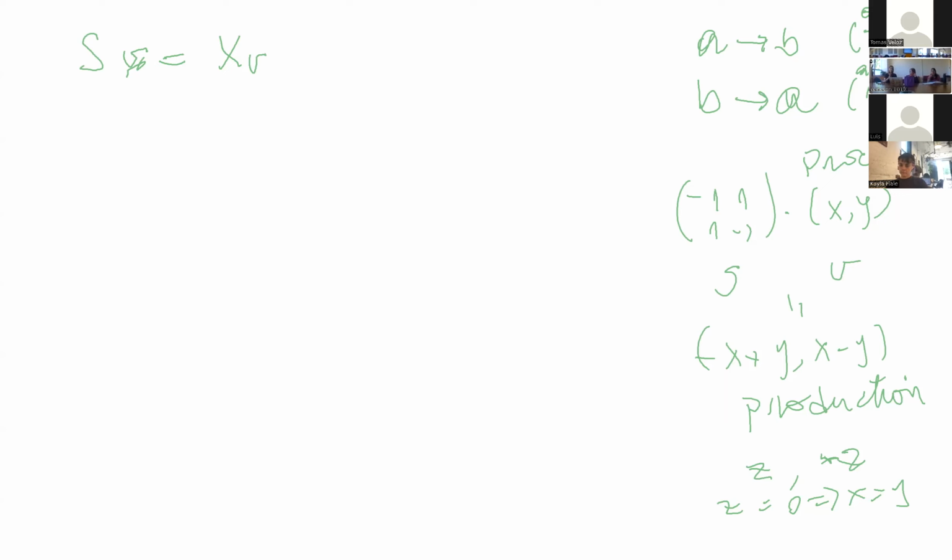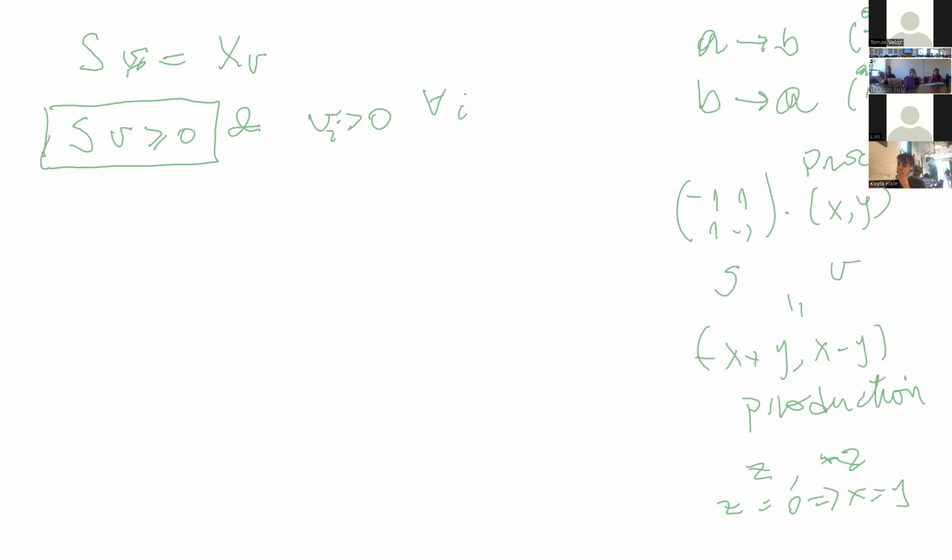For example, if SV is larger than or equal to 0 and V is larger than 0 for all i, what are we saying here? This is fundamental to understand and interpret.